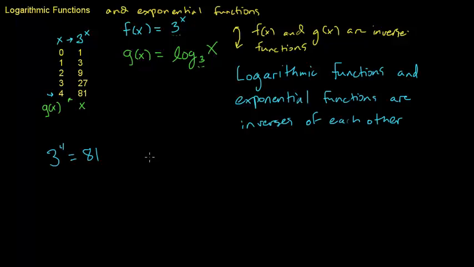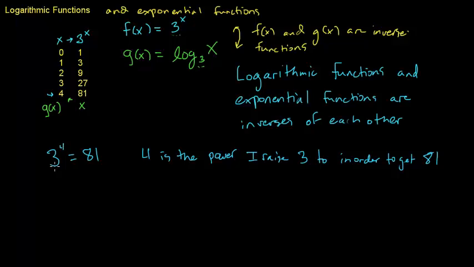So here's how I like to say it, and I do encourage you to practice being able to say it this way. You can say that 4 is the power, or the exponent, I raise 3 to in order to get 81.